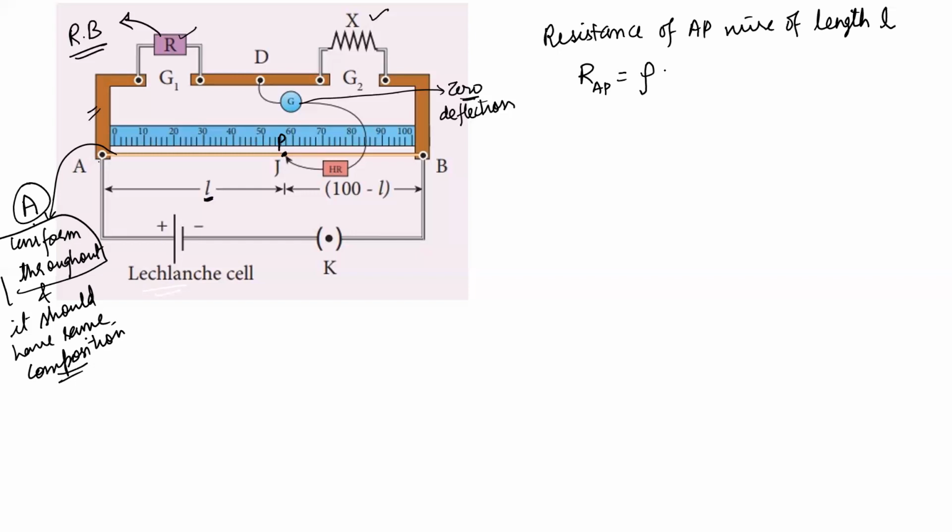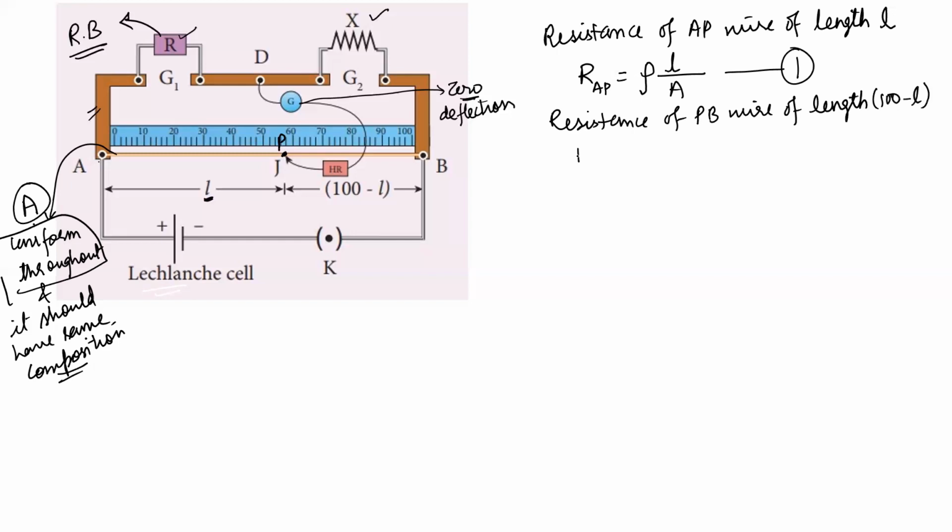So rho L by A will be the resistance offered by RAP. Now the resistance of the PB wire, and the length of the PB wire is 100 minus L. So RPB will be equal to rho (100 minus L) upon A.